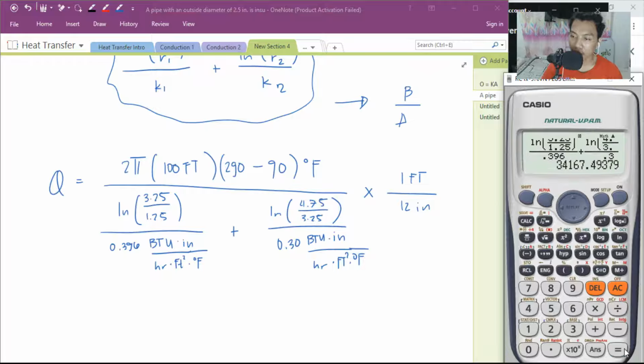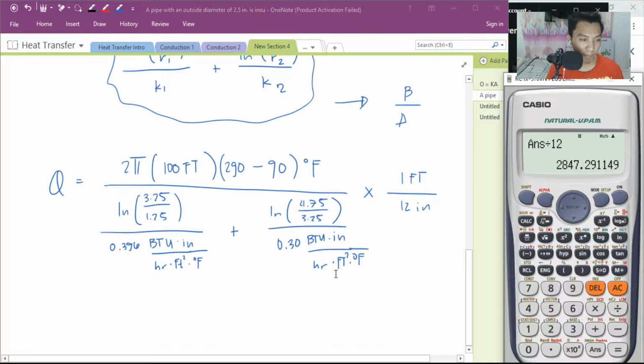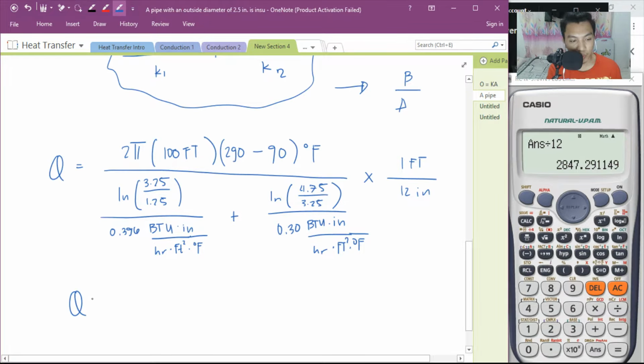Okay na yan. So that is 34. Divide mo na lang ng 12. Ang lalabas dyan is Q is 2847. Ma-cancel kasi to.